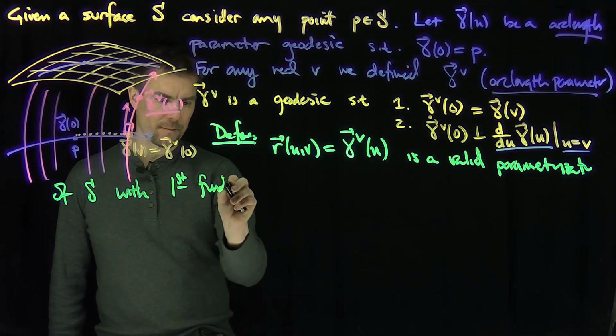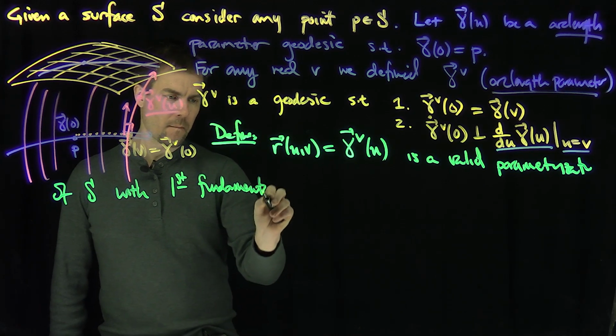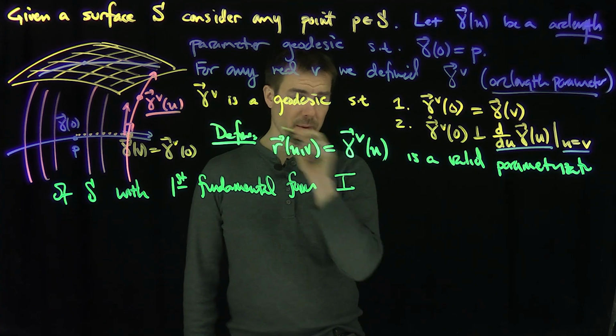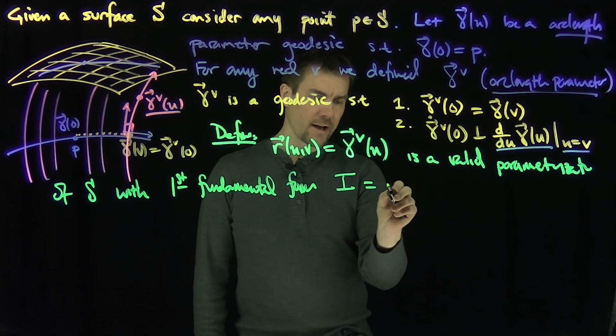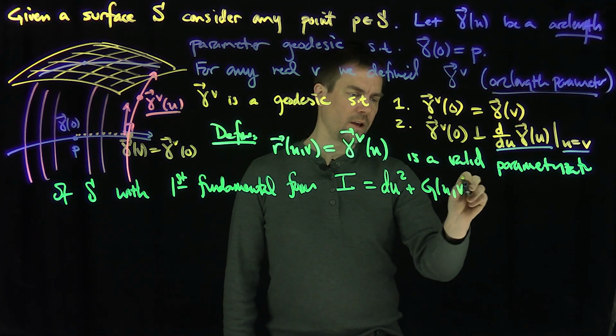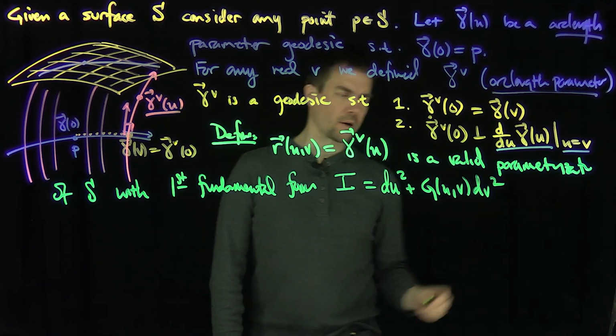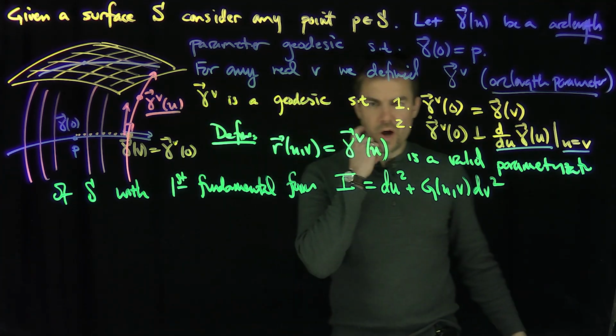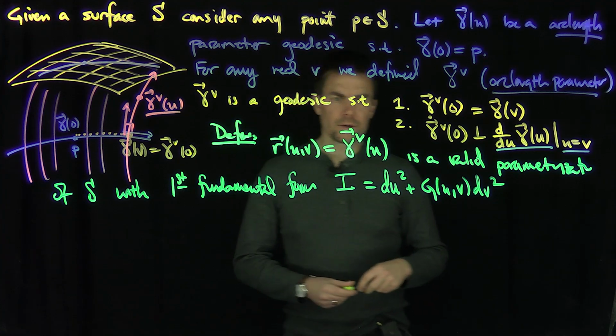The first fundamental form in this parameterization has the form du squared plus a function g of u and v dv squared like so. Excellent.